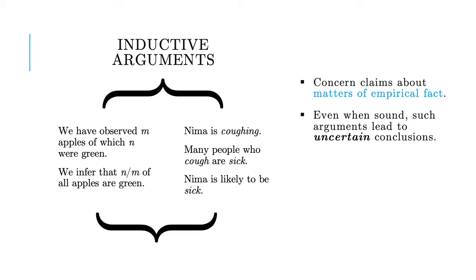We might gather more apples and recognize, no, the sample that we had of M apples in which N were green was not representative of the population of apples we're investigating. That another fraction of apples is in fact green in that larger population. Or our informed guess that Nima is sick, given that Nima is coughing, can be wrong. We can find out that Nima is fine. Perhaps something got caught in her throat.